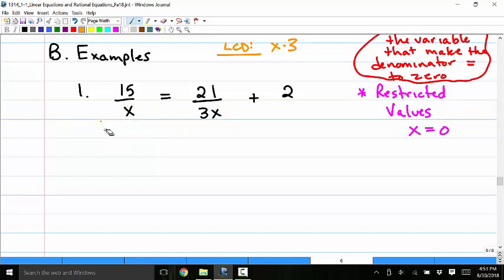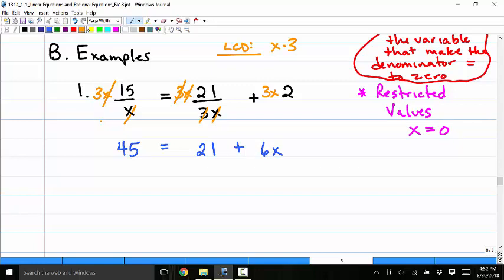I'm going to multiply every term by 3x. When I do that, the x's are gone. I'm left with 3 times 15, which is 45, equals, the 3's and the x's cancel, I'm left with 21, plus 3x times 2 is 6x.